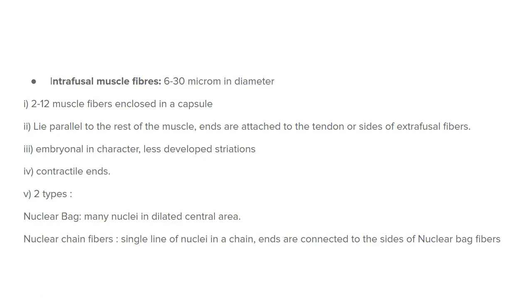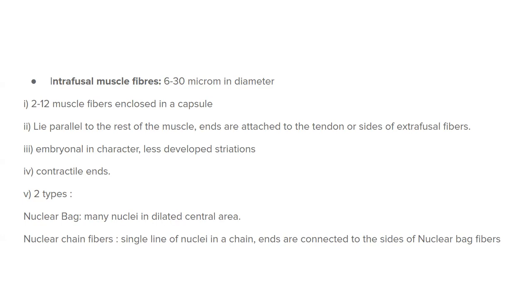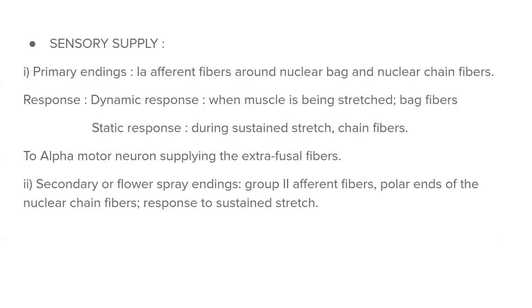The nuclear chain fibers attach to the sides of the nuclear bag fibers. These are the two important types. Like I told you, in the nuclear bag all the nuclei are arranged in the form of a bag, whereas in the nuclear chain they're arranged in a chain on two sides, and they attach to the nuclear bag fibers.